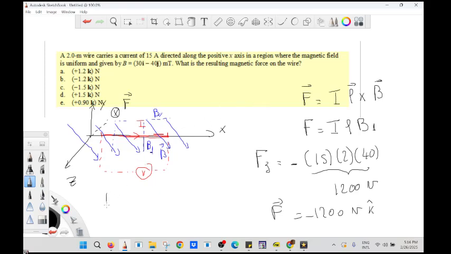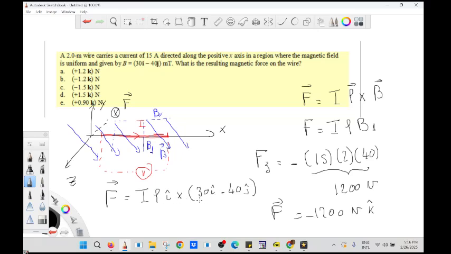Now, another way to do it, you could have said, use your math. So I, L, and then you have I hat cross, and then you have 30 I hat minus 40 J hat.